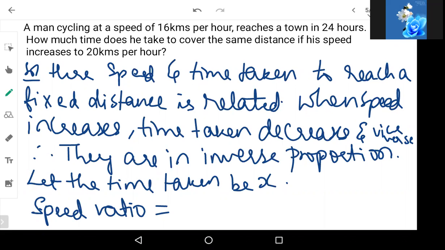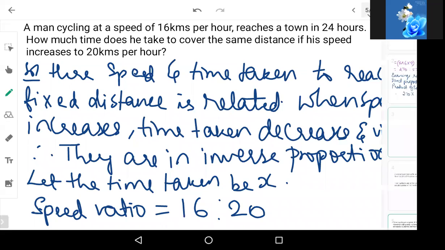Okay, you're giving me the answer. No, it's not 16. Or you're talking about the speed ratio here. Okay. So speed first is 16 kilometers per hour and the other speed is 20 kilometers per hour. So 16 is to 20 is the speed ratio.